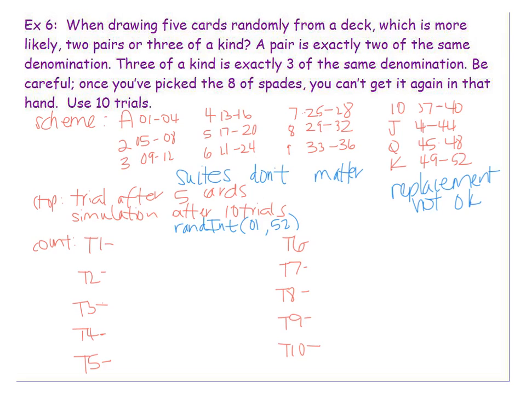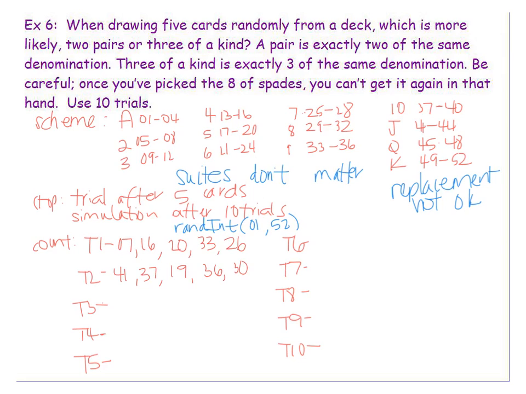So I have my calculator ready to go, and I'm going to press enter, and my numbers are 7, 16, 20, 33, and 26. And all I have to do is keep doing that to get 5 cards each time. So my next one, 41, 37, 19, 36, 30.